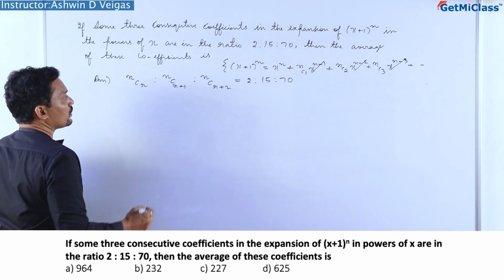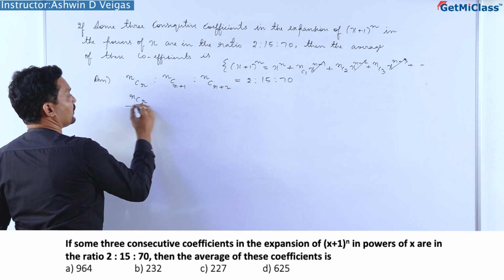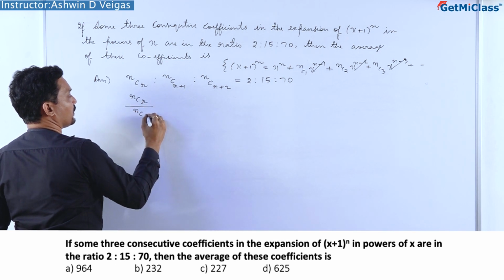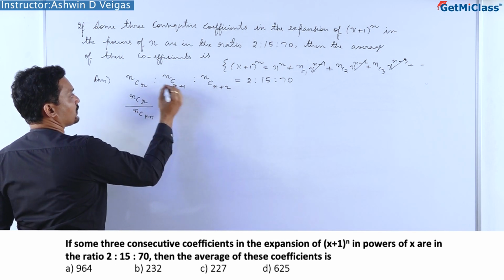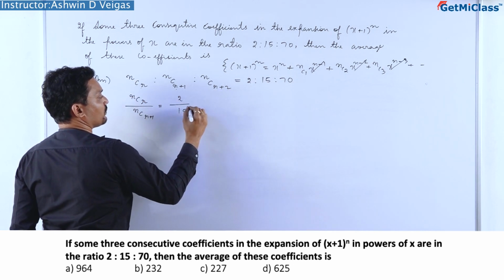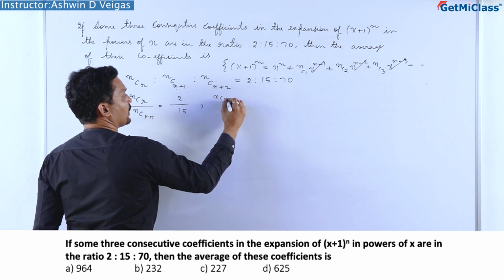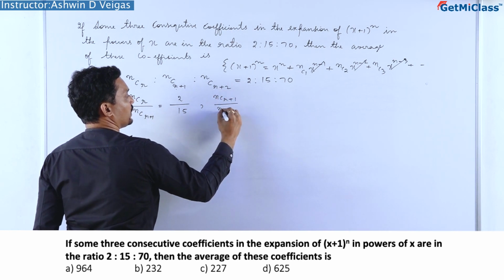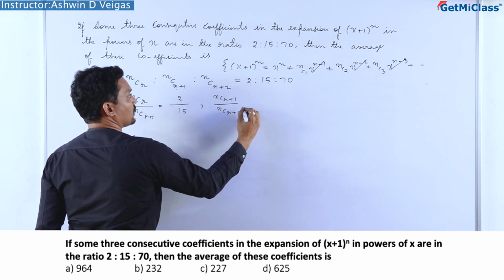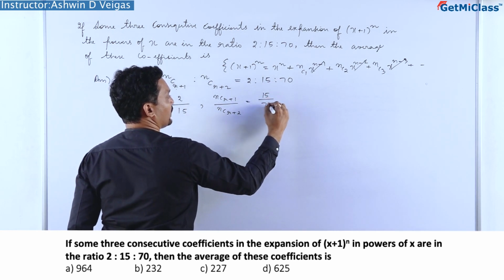Now, from here we can say nCr divided by nC(r+1) is 2:15. You can take this as one of the equations. Similarly, nC(r+1) divided by nC(r+2) is 15:70, that is 15 by 70.